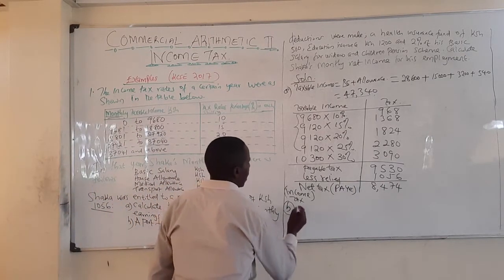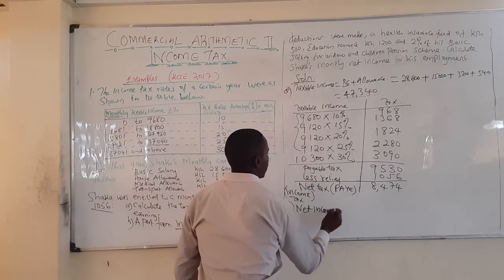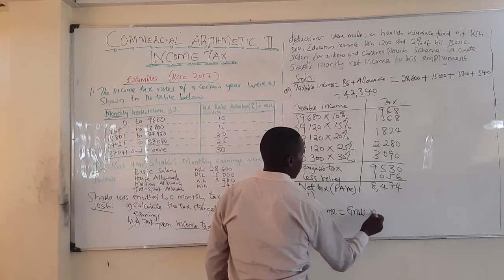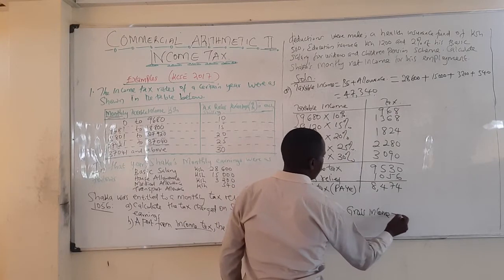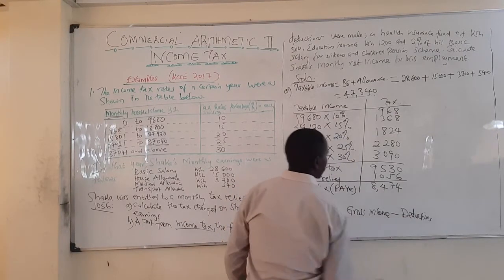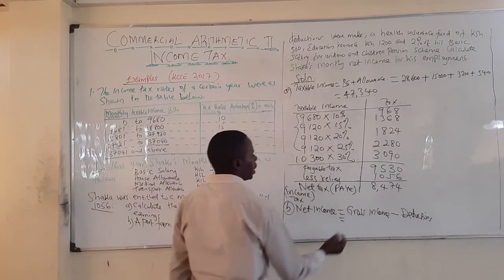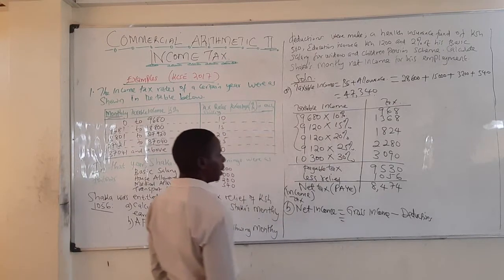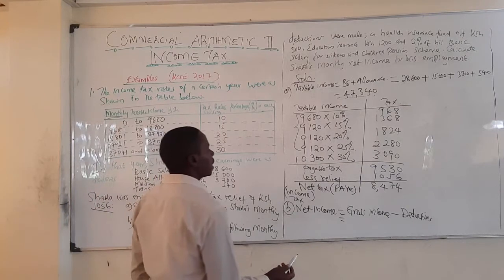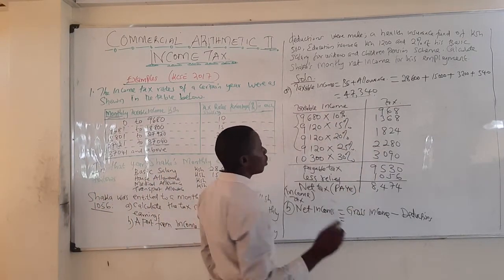So we had the part B here. We said that the net income, we have a formula. It's given by the gross income minus deductions. And in our case, gross income is basic salary plus allowances. Gross income is similar to the taxable income, but not in all cases.